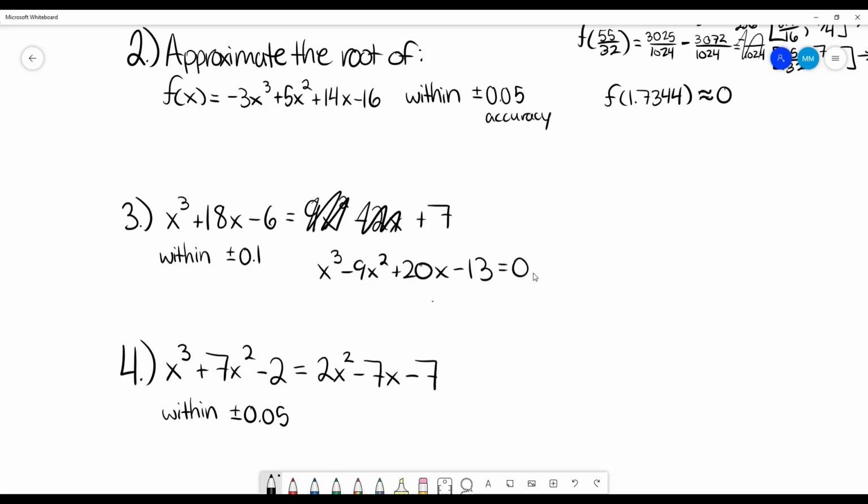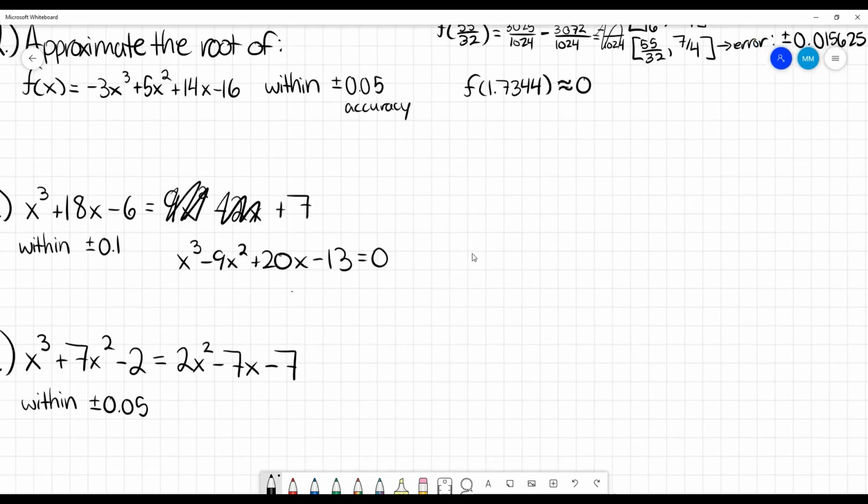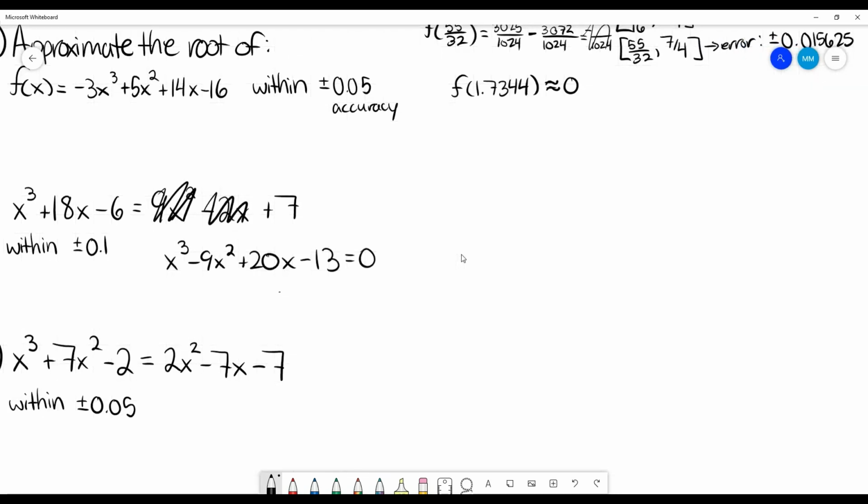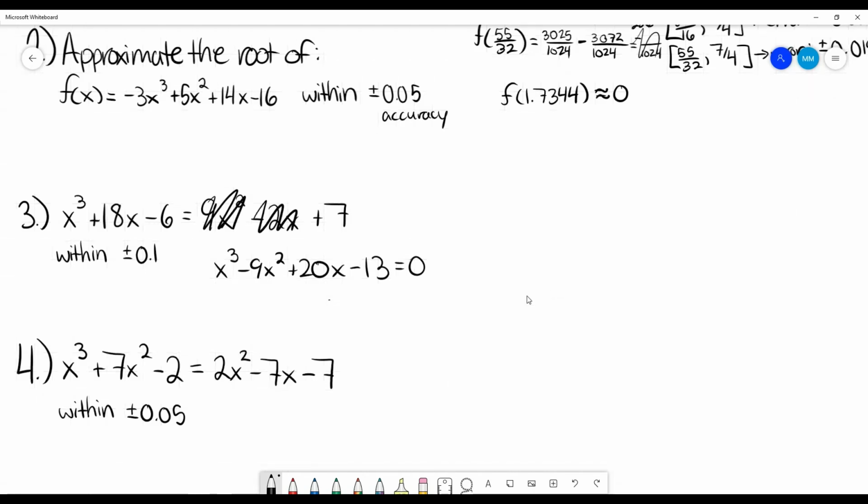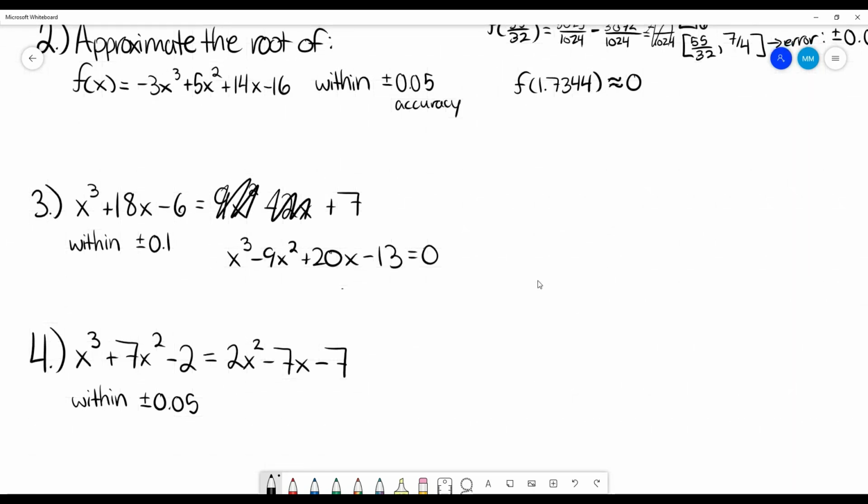Okay. So what we want to do now is come up with an interval that we think this might work on. So let's try plugging in a 0 to start. We're going to call this function f of x still, just for the sake of writing it. So f of 0 is going to be a negative 13. Let's try another number.